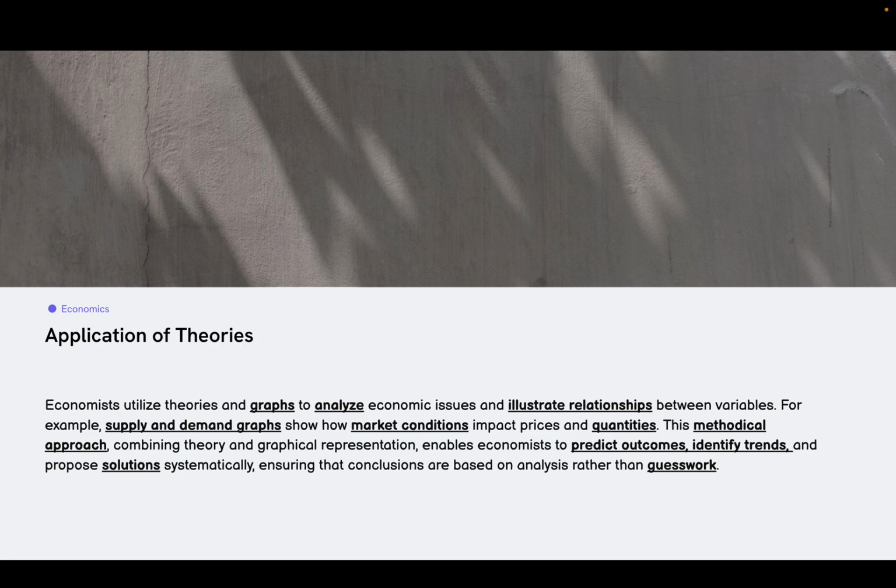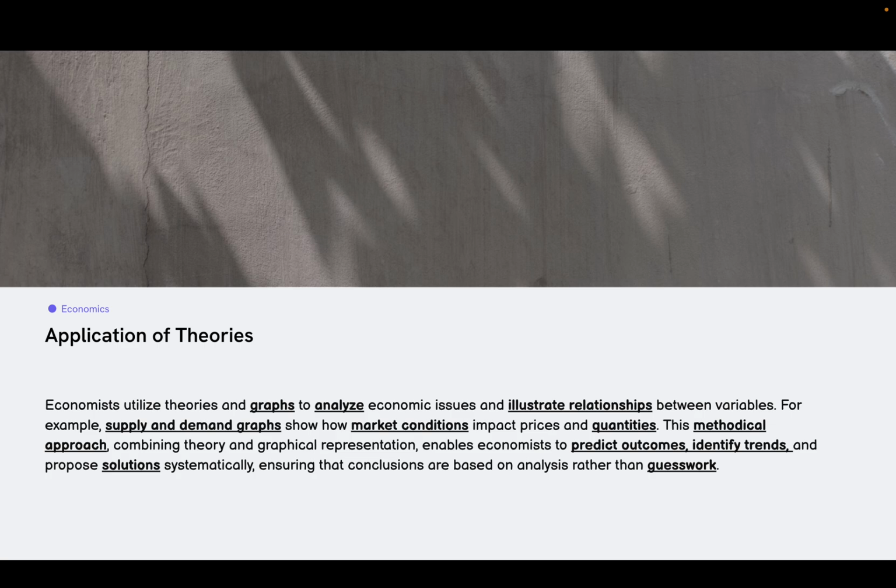And here, application of theories. The words that I underlined are the keywords that you guys have to pay attention to. So economists apply theories and graphs to analyze economic issues and illustrate relationships between variables.